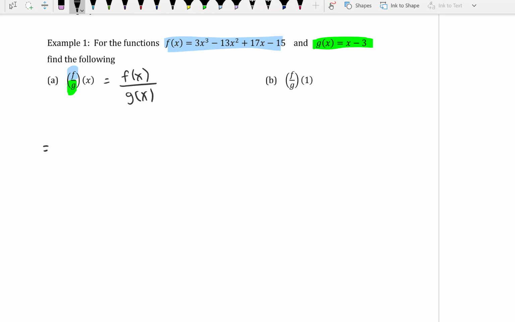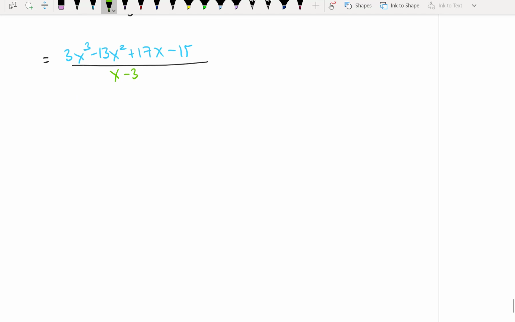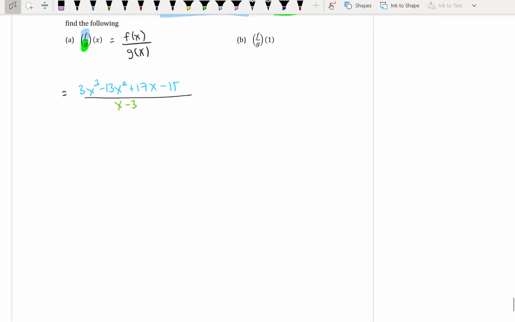My f function is really 3x cubed minus 13x squared plus 17x minus 15. And my denominator, which is my g function, my green function, I have x minus 3. So this tells me that I'm going to do my long division.